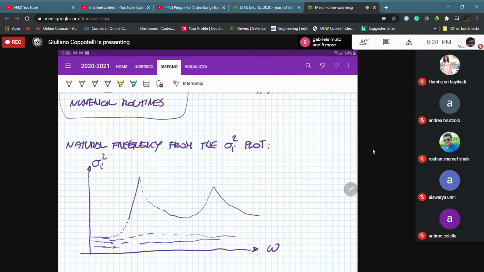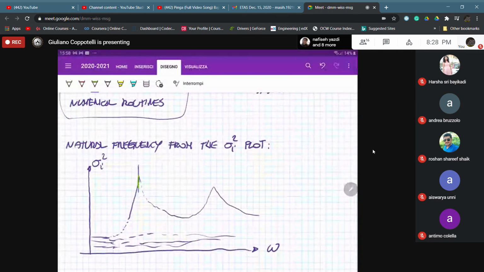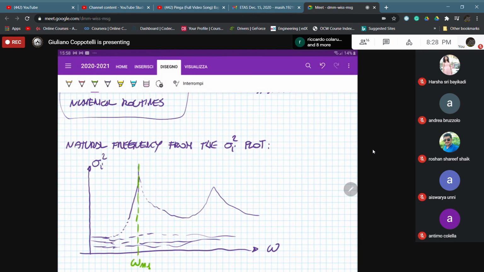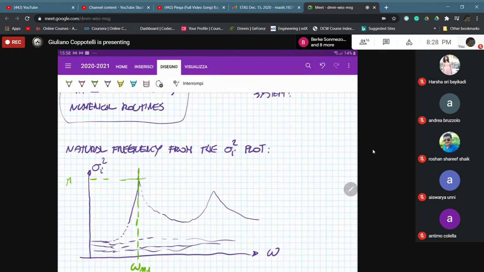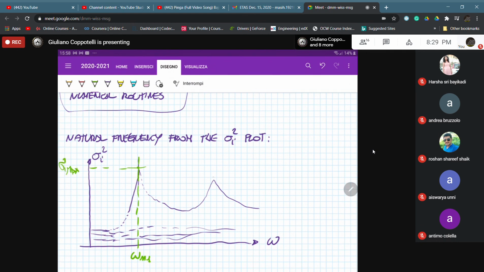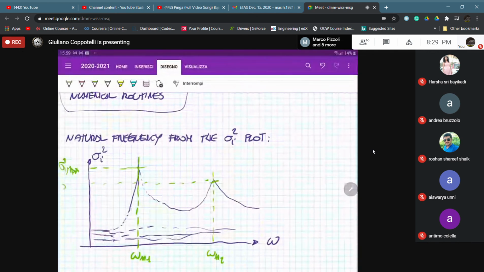At the frequency in which we are having the first maximum singular value, we have the estimate of the natural frequency. Here we got natural frequency 2 at the second sigma i square maximum.